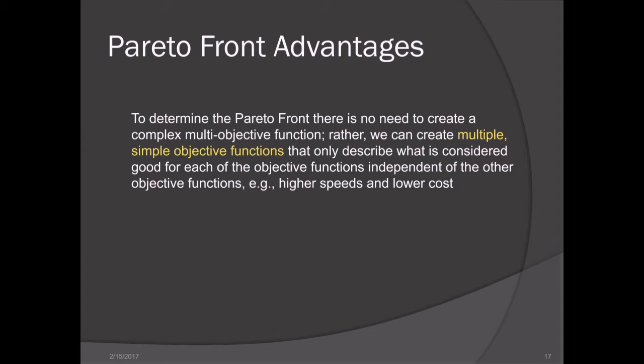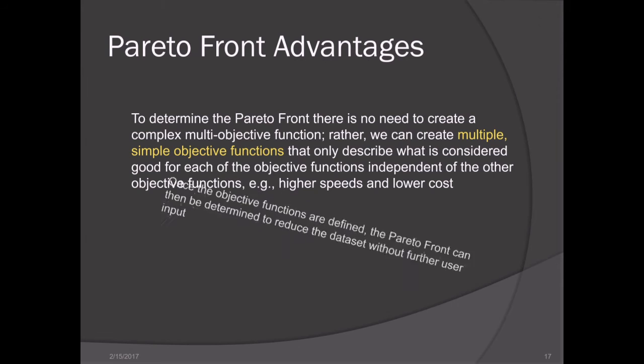By using Pareto fronts, we eliminate the need to create some type of complex multi-objective function, and we can replace that with using these very simple objective functions, but we have multiple ones. So we're actually considering them basically in isolation, not really in isolation, but there's no need to consider the interactions of all of the values in order to come up with a complex function. So that's one advantage.